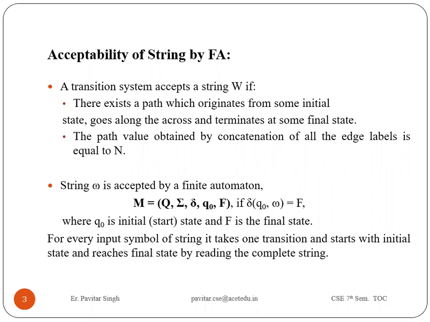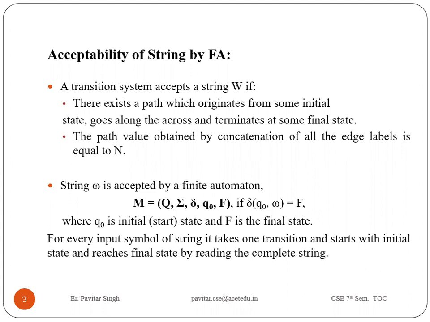Here the string is represented with W, right? Let's suppose the value of W is 0, 1, 0, 1, 1, 0. This is the string which is given to you. Now you have to check whether this string is accepted by the finite automata or not.